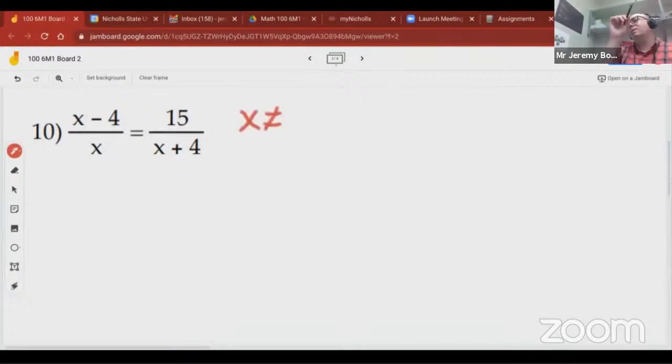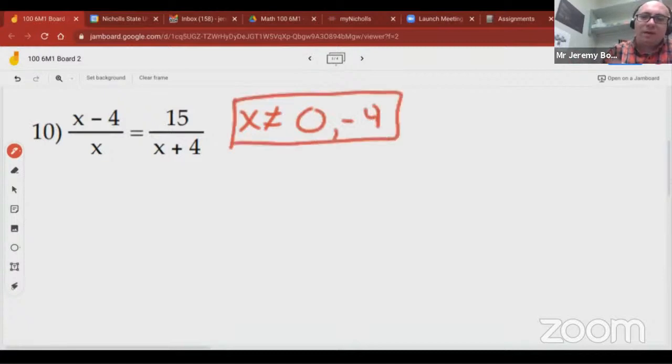So currently, with the equation that they gave us, x cannot equal 0 and x cannot equal negative 4. We need to keep that in the back of our minds. If we do get those as a solution, we need to get rid of those solutions because they are not valid for the original equation we start with.